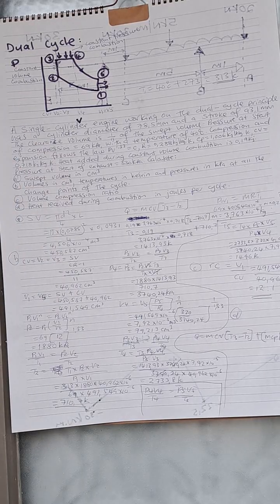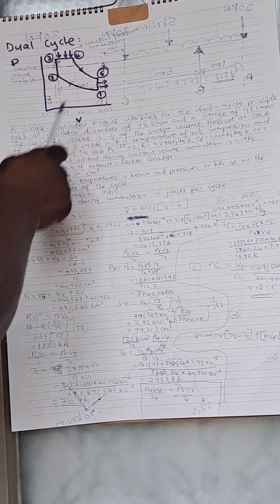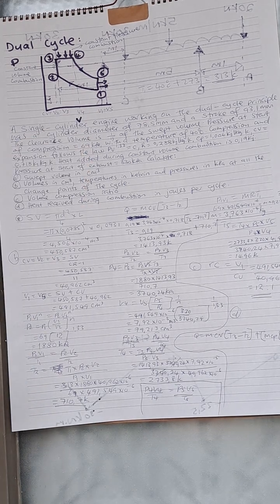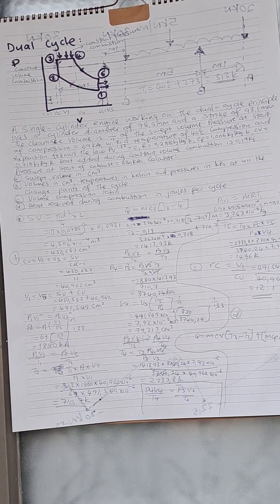If they say the pressure at the start of the compression stroke, that is our P1.